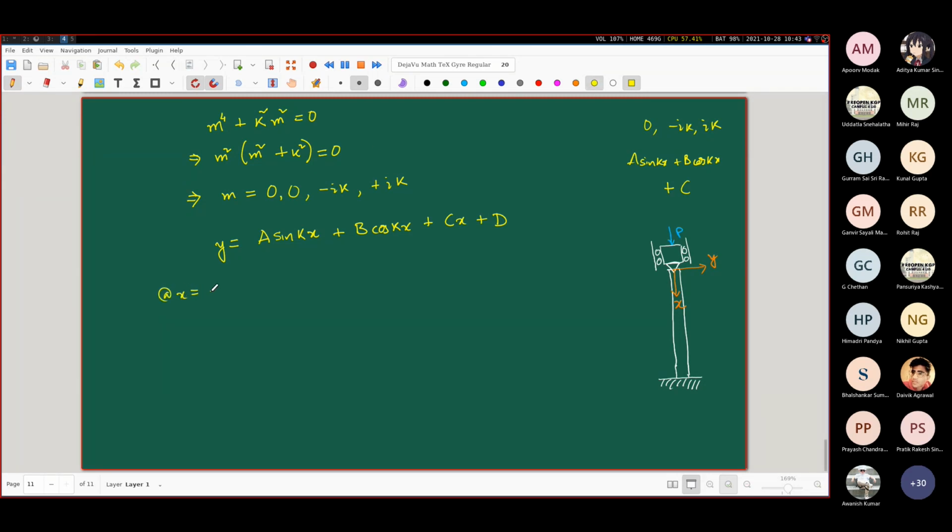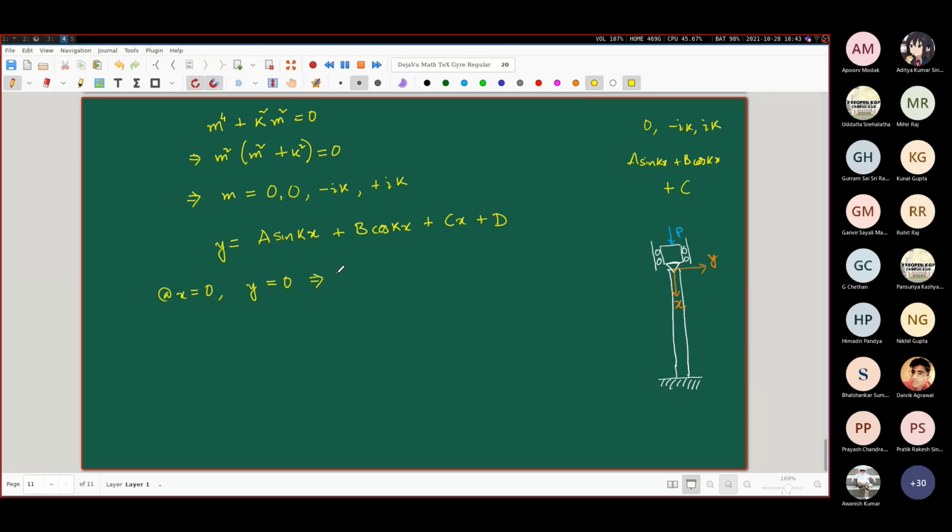At x equal to 0, we have w is equal to what? Not w, sorry. Y equal to how much? At x equal to 0, y is equal to 0. What does that give us?